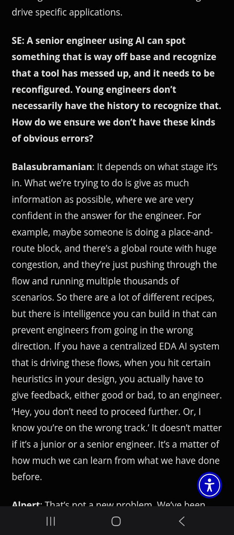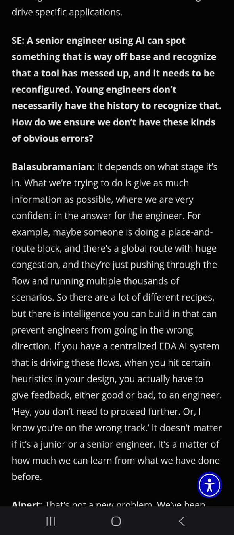It depends on what stage it's in. What we are trying to do is give as much information as possible where we are very confident in the answer for the engineer. For example, maybe someone is doing a place and route block and there is a global route with huge congestion and they are pushing through the flow and running multiple thousands of scenarios.